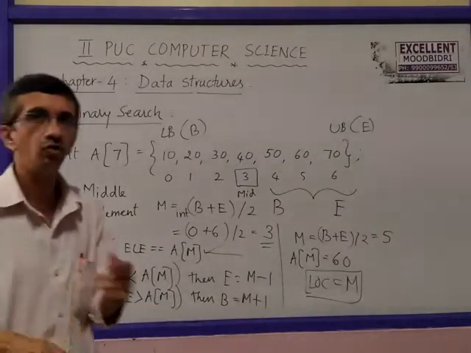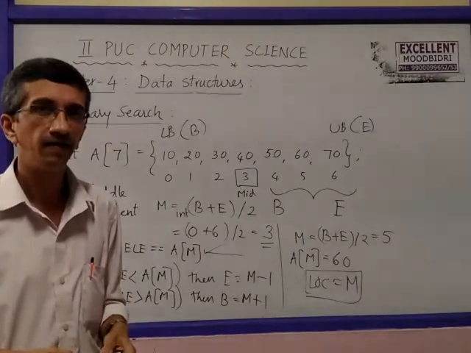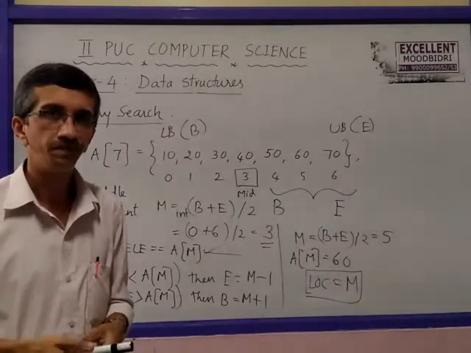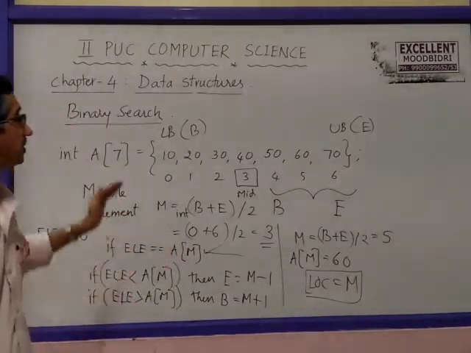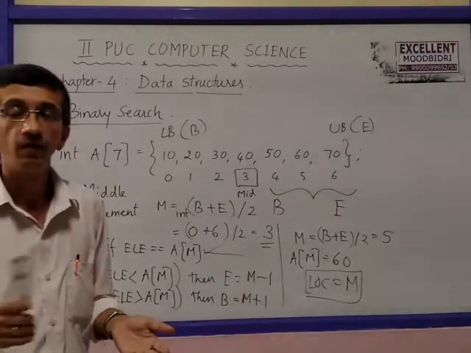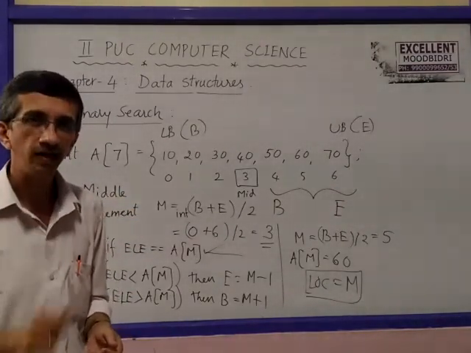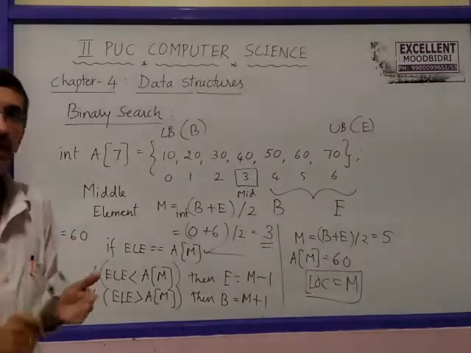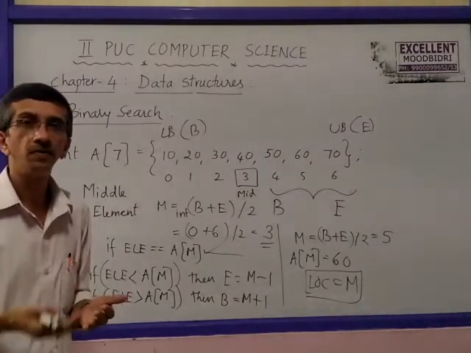All these steps need to be repeated again and again within the loop. In case the search item is not found, the loop terminates naturally because of the loop condition, when beginning becomes more than the end.